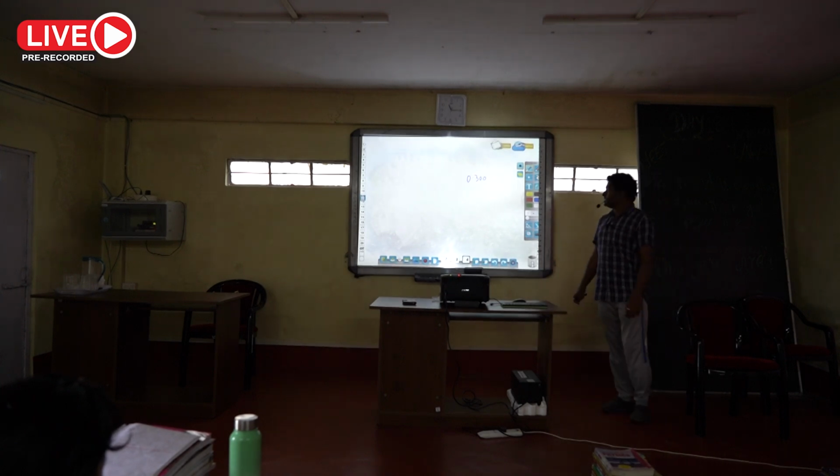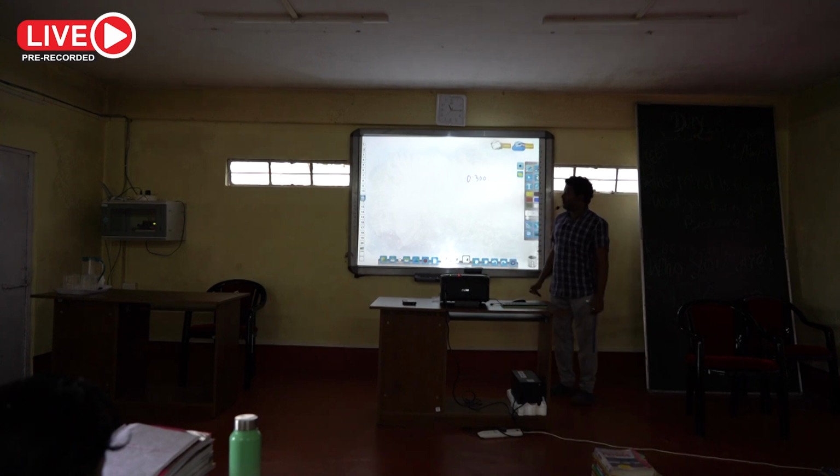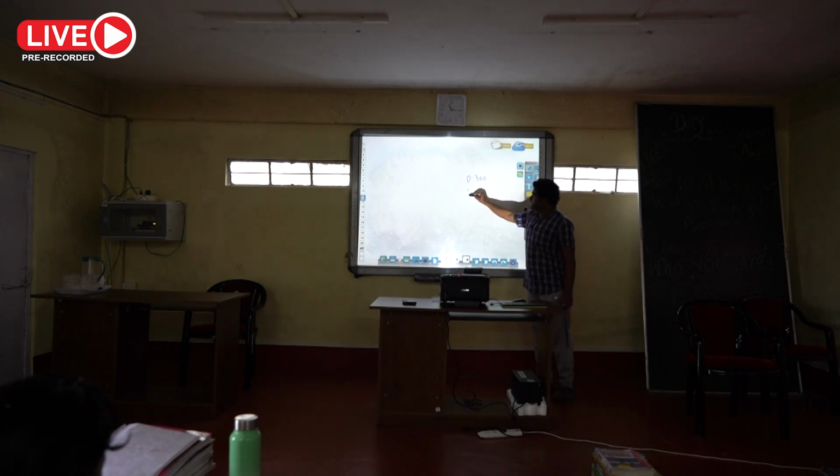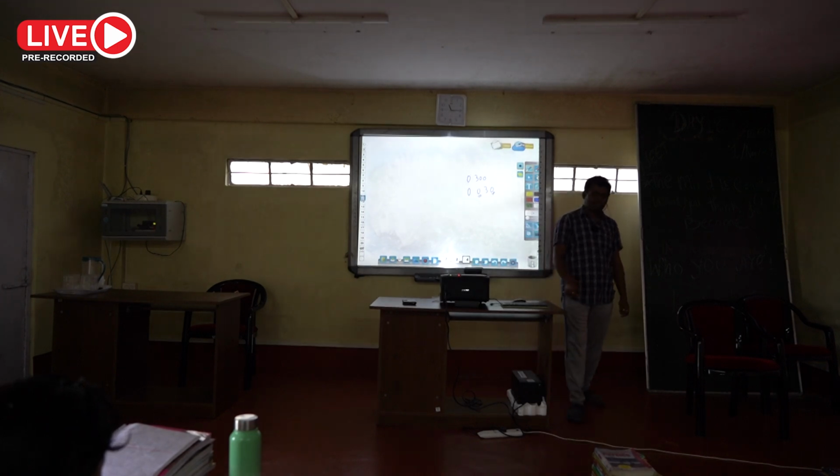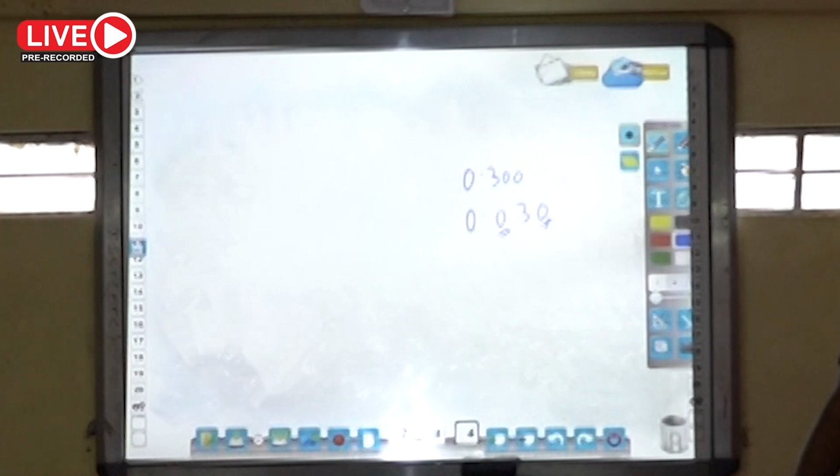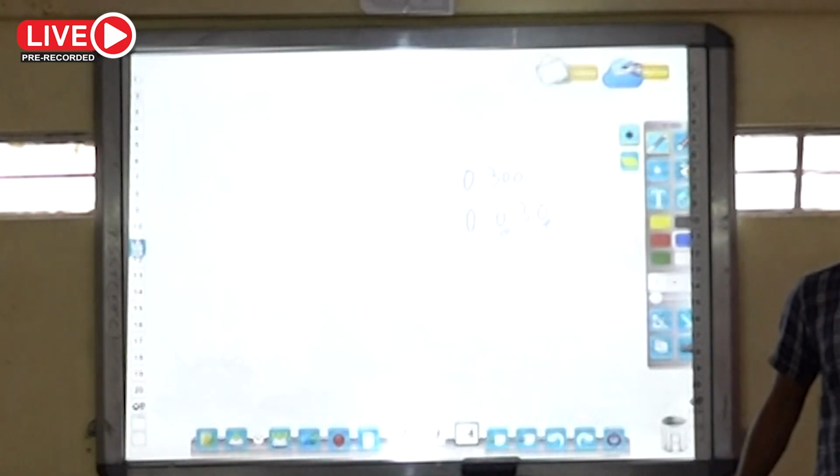But after the point, if there is a zero like this, this zero is significant, while this zero is non-significant in any calculation. Before the point, zero always has significance.